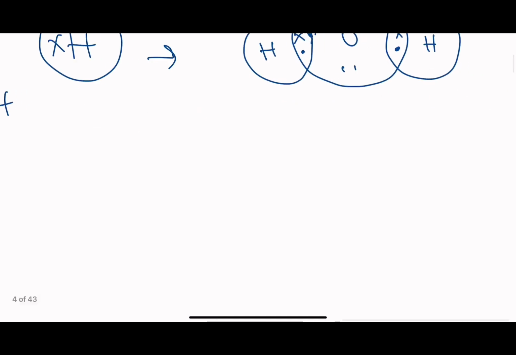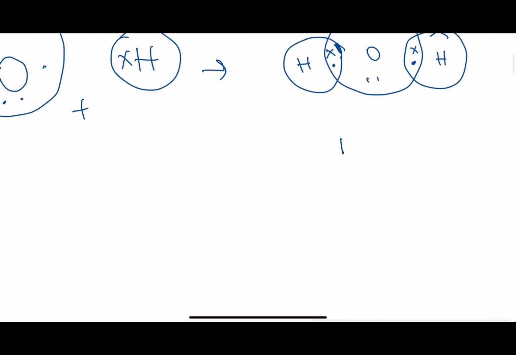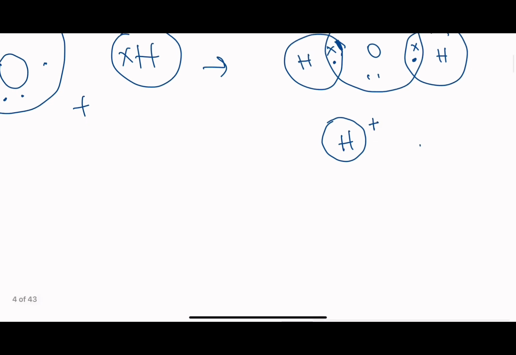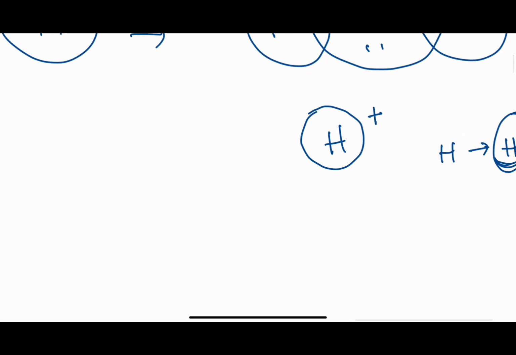In acidic environment, I have another hydrogen, but this time this hydrogen doesn't have any electron. It has a positive charge. We know that if an element loses an electron, it becomes positively charged, right? And this is what happens.